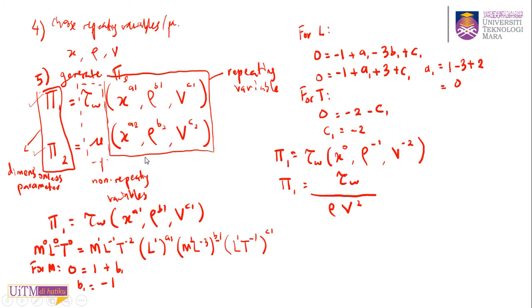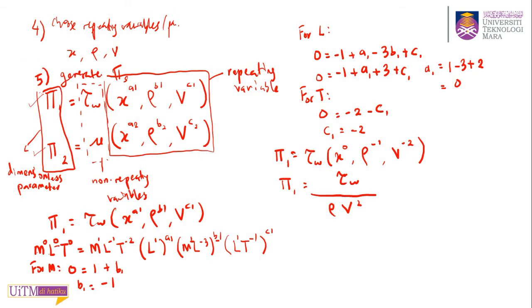Okay, so pi 2 equals mu times x^a2 rho^b2 v^c2. Again pi 2 will also be a dimensionless parameter, so this will be M0 L0 T0, because it's dimensionless.